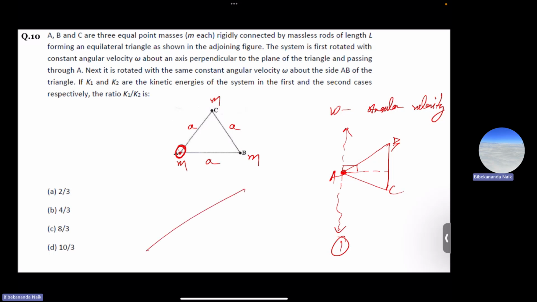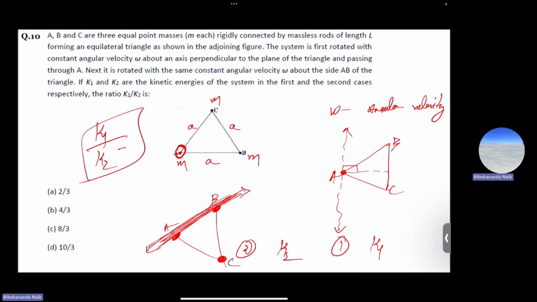So in another figure, with A, B, C, they are being rotated about this axis AB, and the three masses are present here, A, B, and C. So this is K1, this is K2, and we need to find out the ratio of K1 by K2. I will give you a few minutes and then we will discuss what will be the correct answer.